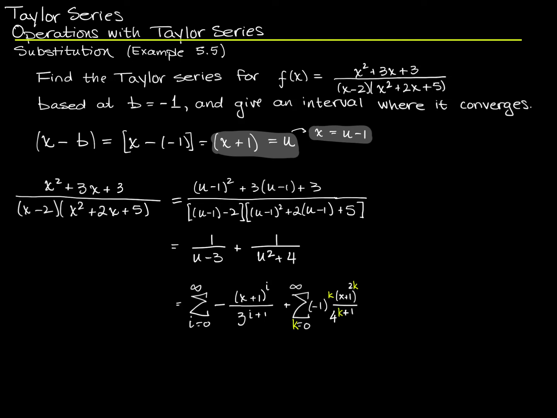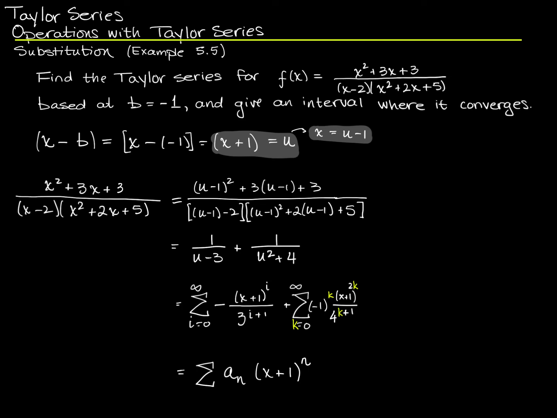So one way that I could consider writing this is as the sum of some function times x plus 1 to some power, we'll just call it n, and I'm making that my index. So I have a sub n here and I have an n here.